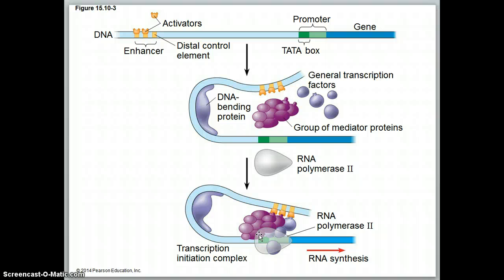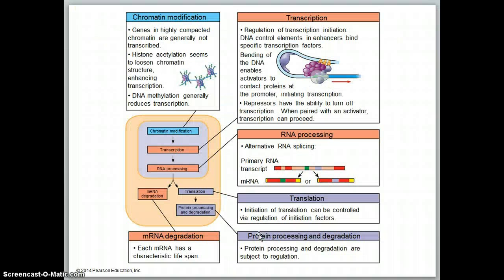So those are enhancers. Let's go back for a second. We did chromatin modification and transcription. In the previous presentation on translation, I also included a section on RNA processing. So remember, alternative RNA splicing is really important. You can make a lot of different combinations of mRNA, which will make a lot of different proteins, based on how the introns and exons are spliced together.